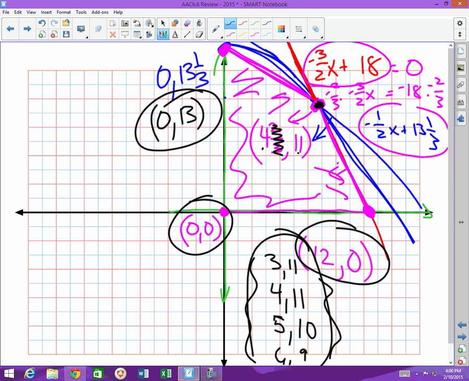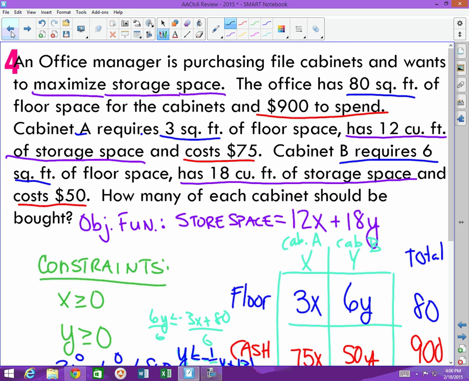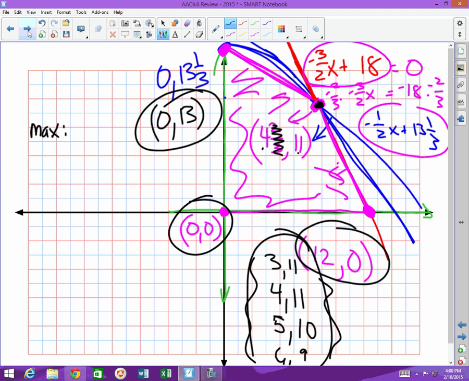So then our maximum storage space function was 12x plus 18y. If we try 0 and 13, you would get 234.